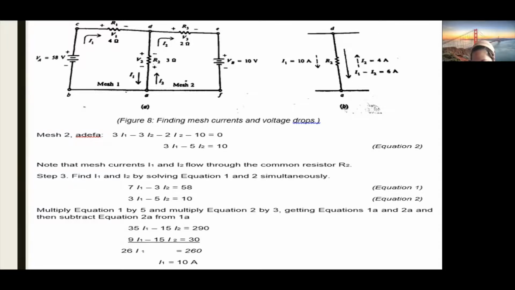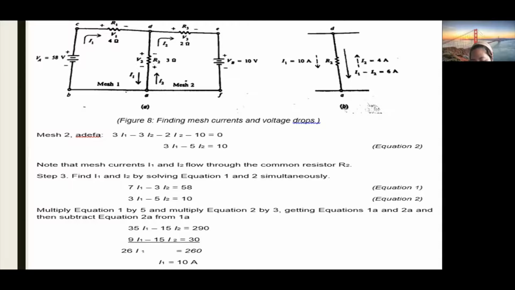So it's now time to subtract for us to be able to get I1. So 290 minus 30 is 260. Then cancel 15, 15. So we're going to cancel this.